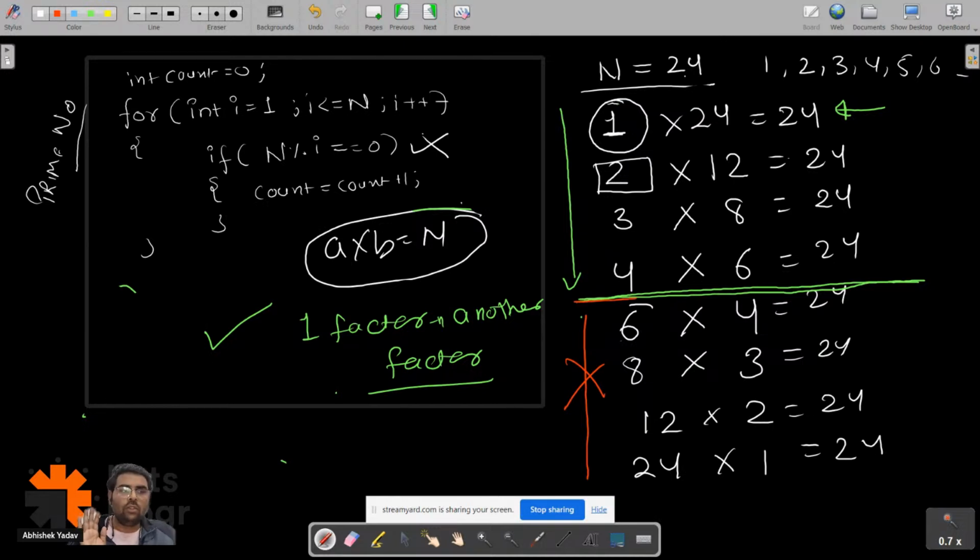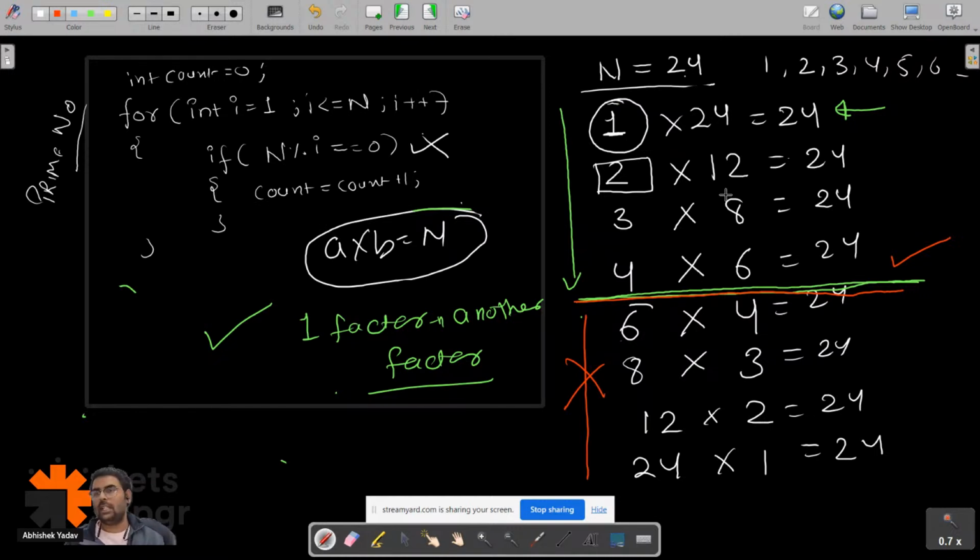So how to find this line? Anyone? How do we tell our computer that we have to stop at this line? We have observed that above this line we are getting unique factors and after this line we are getting repeated factors. We have understood this, but now we have to tell the computer the same thing.